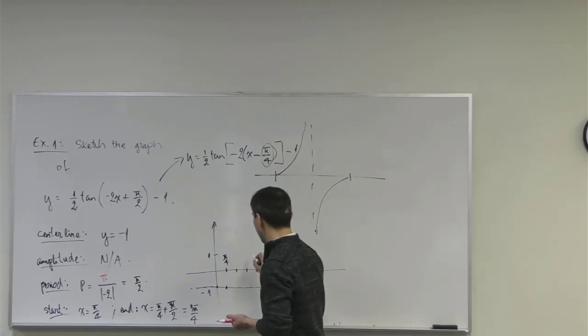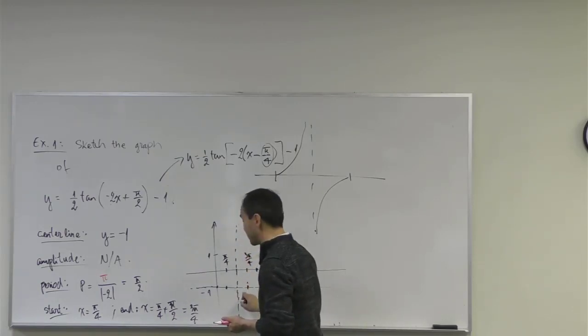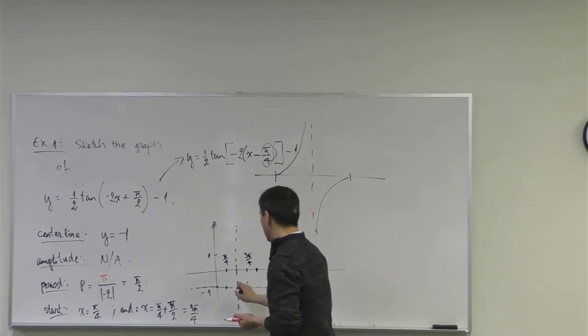Then your ending is actually right here. It's a narrow window. 3 pi over 4 is right here. That's your end. So this time your halfway is right here at pi over 2. You've got to go asymptote right there, right? Sounds good? Okay. And then there are quarter points.